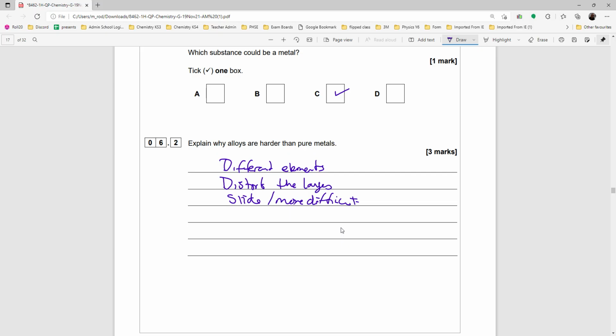And that, of course, will mean that they are going to be harder than pure metals. So, different elements, they distort the layers, which stops the layers from being able to slide or makes it more difficult for them to slide.